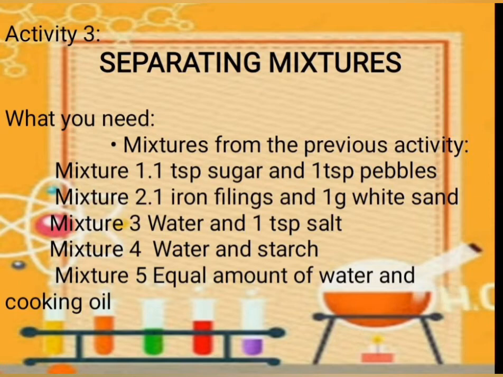Mixture 2, iron filings and 1 gram white sand. Mixture 3, water and 1 teaspoon salt. Mixture 4, water and starch. Mixture 5, equal amounts of water and cooking oil.